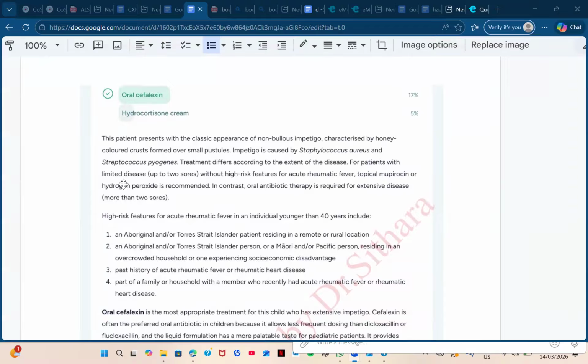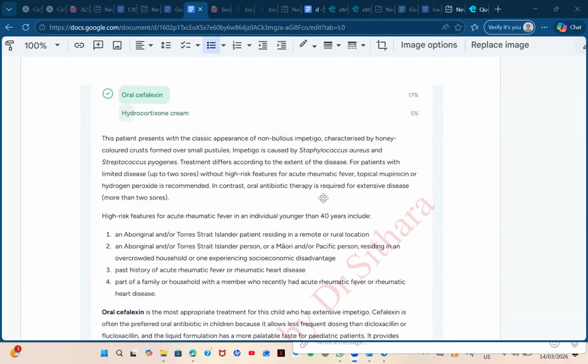For patients with limited disease, up to two sores without high risk features for acute rheumatic fever, topical mupirocin or hydrogen peroxide is recommended.